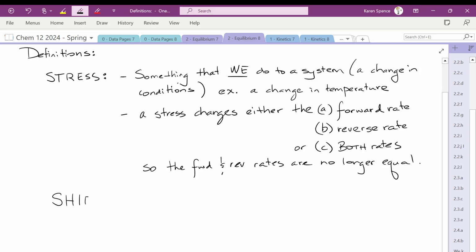The other word that we need to define is a shift. And a shift is the response of an equilibrium to a stress.